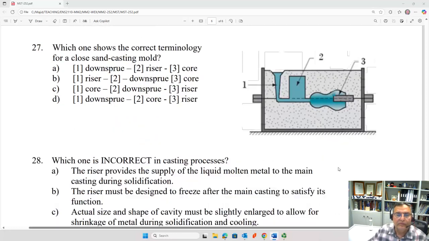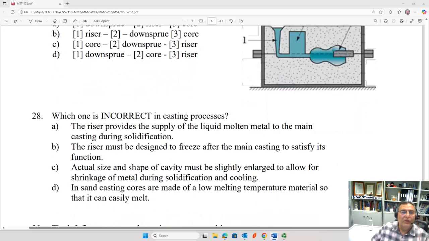Next question, 28. Which one is incorrect in casting processes? A, the riser provides the supply of liquid molten metal to the main casting during solidification. This is a correct statement. B, the riser must be designed to freeze after the main casting to satisfy its function. That is also a correct statement.